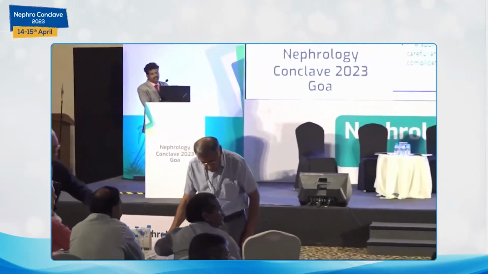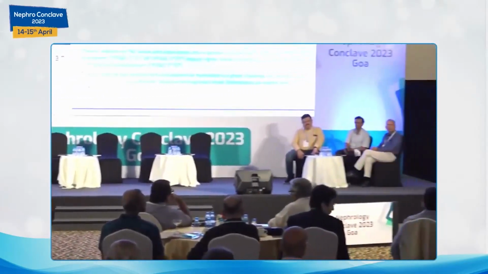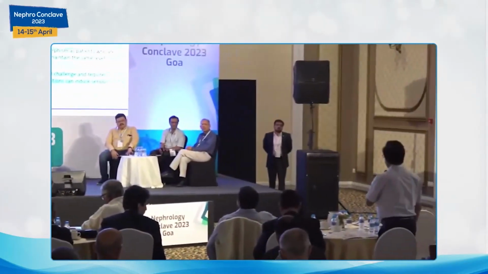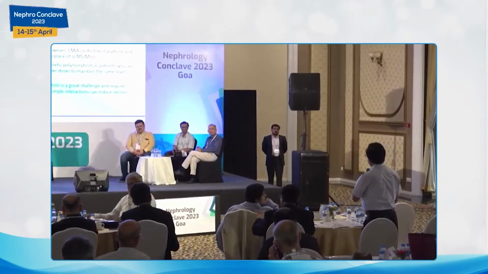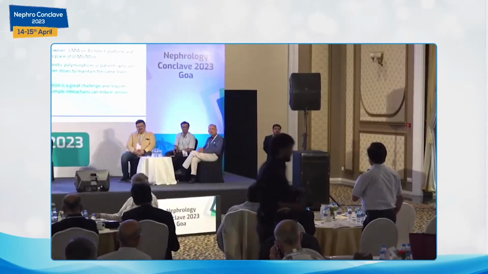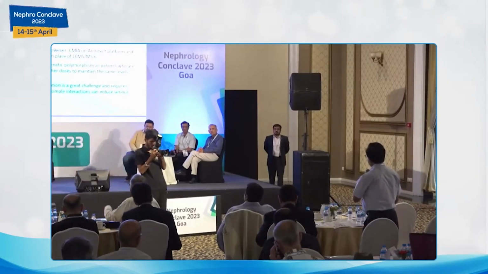One comment. We have been doing CYP3A5 gene polymorphism, and it was actually a thesis project, and we saw that 30% of our patients were high metabolizers. So high metabolizers in India are quite common.